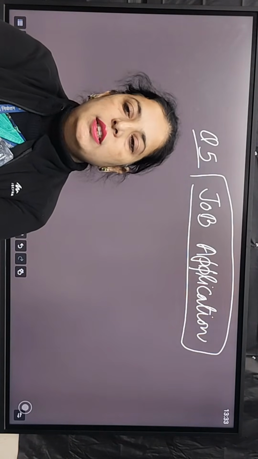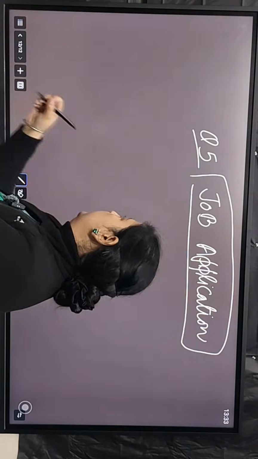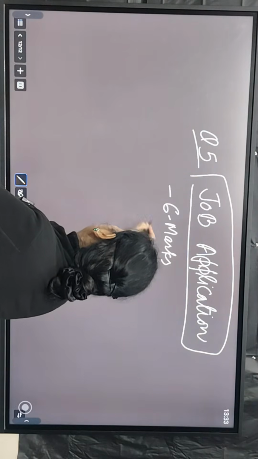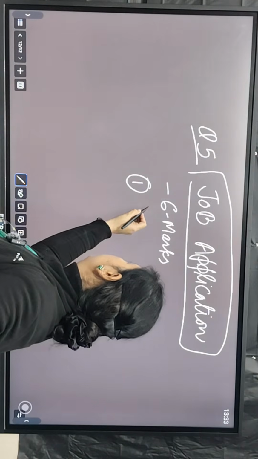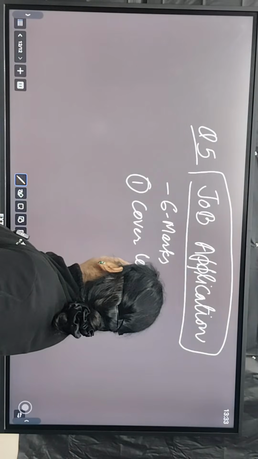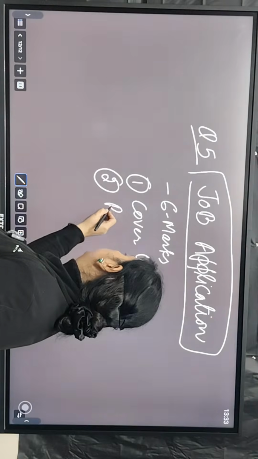Beta, in your board exam, it scores 6 marks. Please keep note on that. It is of 6 marks. One is job application, cover letter, and second is your resume.